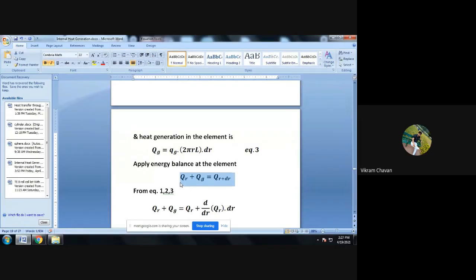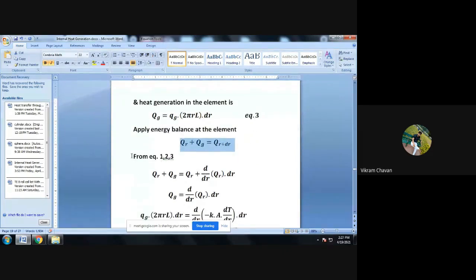We know these three equations, for Q suffix G, for Q suffix R, and for Q suffix R plus dr. So we can write from equations 1, 2, 3. Q suffix R plus dr is nothing but Q suffix R plus the differentiation of Q suffix R with respect to R multiplied by dr. So we are replacing Q suffix R plus dr by this equation.